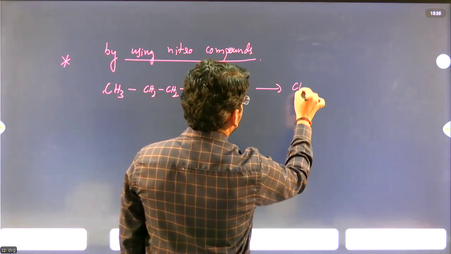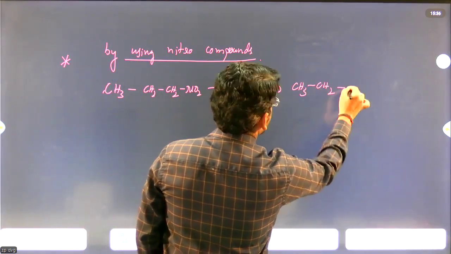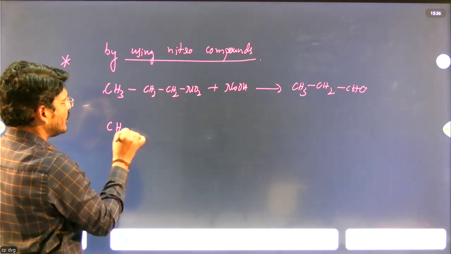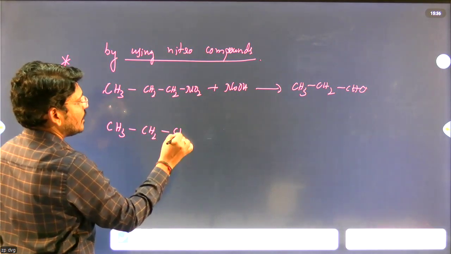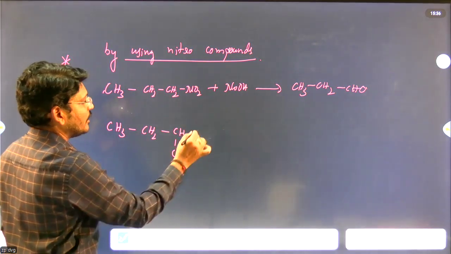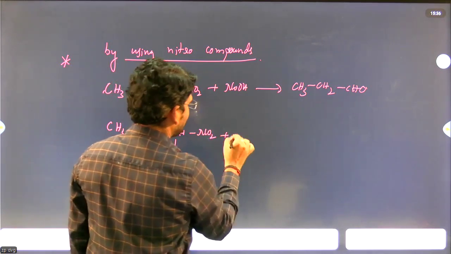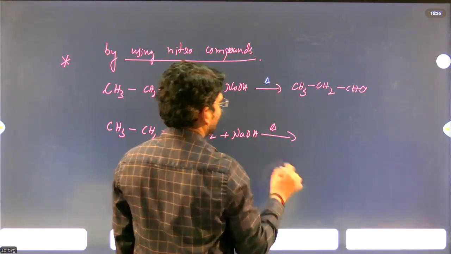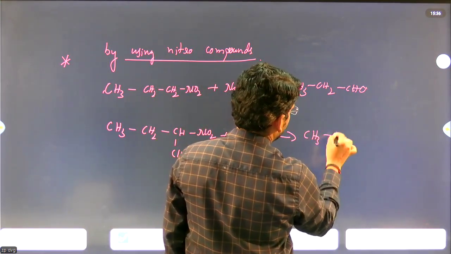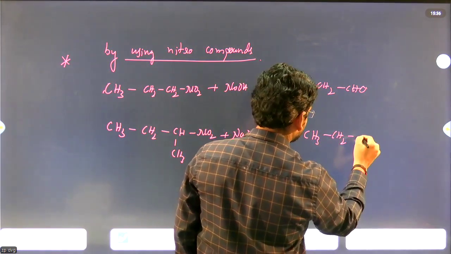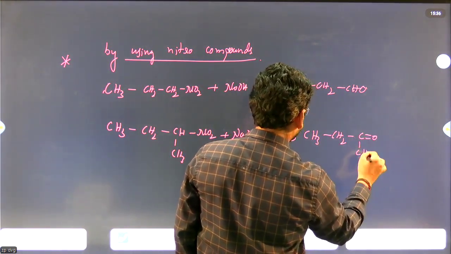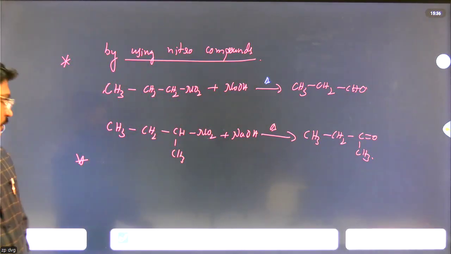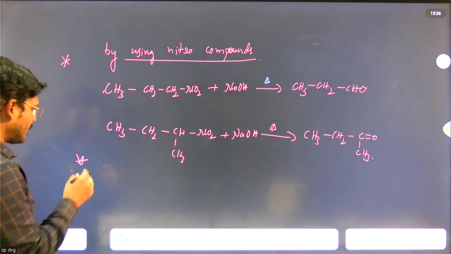So finally, we get the compound CH3, CH2, CHO. This is another method. We can get one more compound also, CH3, CH2, CH, here one CH3, here it contains NO2. When this is reacted with NaOH and we heat, finally we get CH3, CH2, C double bond O, CH3. This is another way of preparing aldehydes as well as ketones.